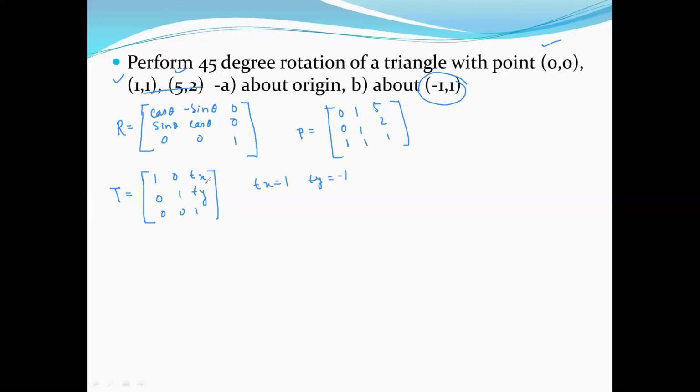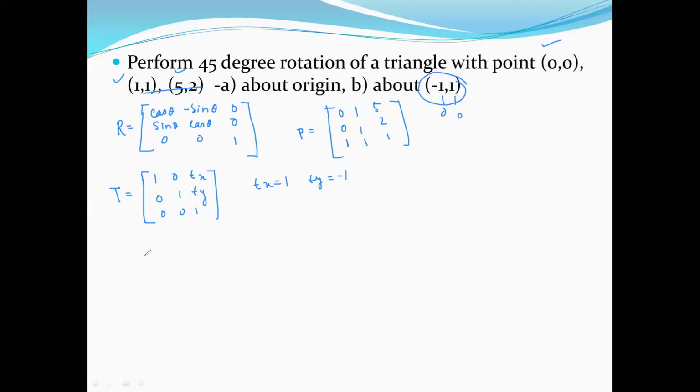Make it clear. I want to translate with respect to these 2 points, so I have to shift this -1 to the origin and this 1 to the origin. That means I have to make it 0 and I have to make it 0. How can we make it 0? By adding +1 to this value and by subtracting 1 from this one. So the Tx will be 1 and Ty will be -1.